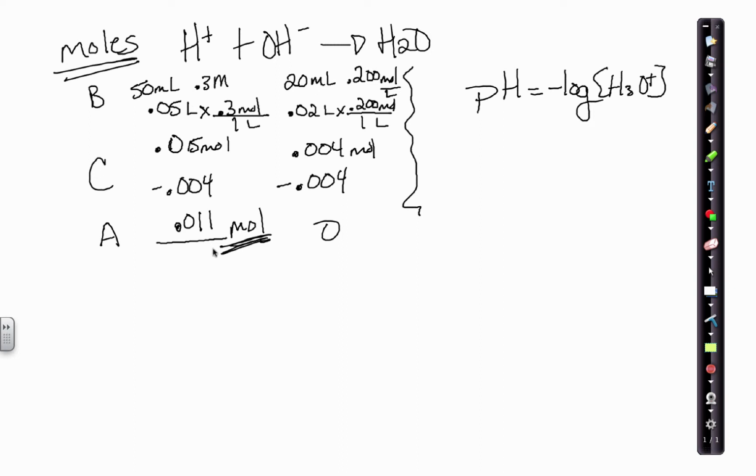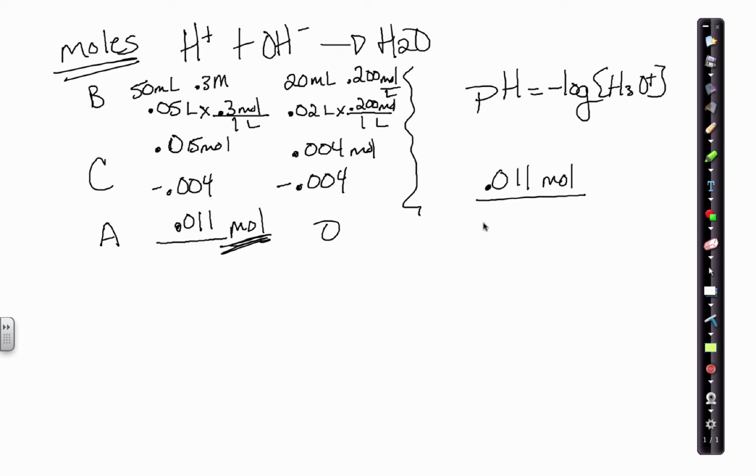So I have this many moles. I need to divide that by the volume. Well, it's not 50 anymore because you added 50 to 20 milliliters of hydroxide. So your actual new volume is actually 70 milliliters.